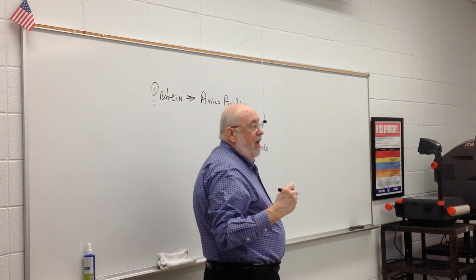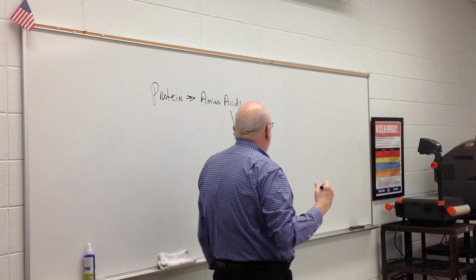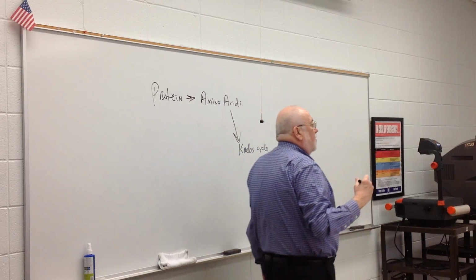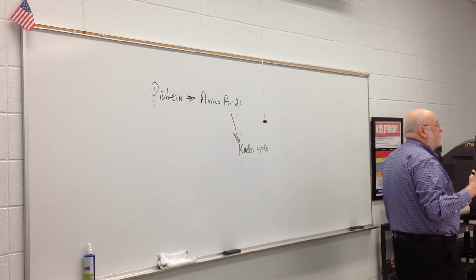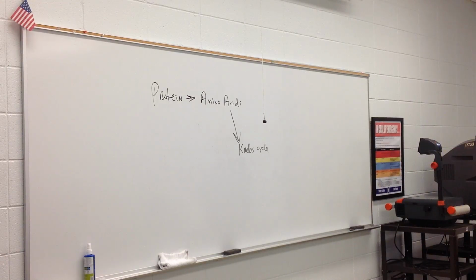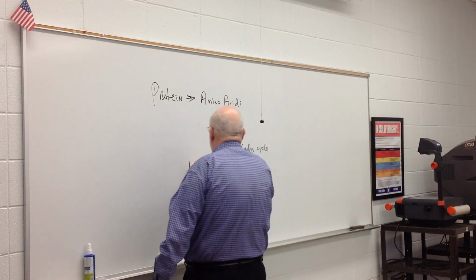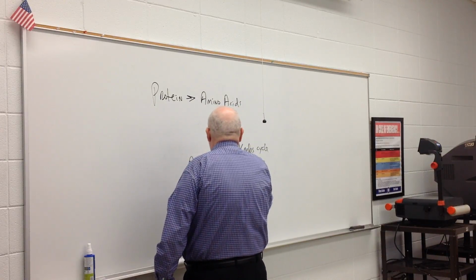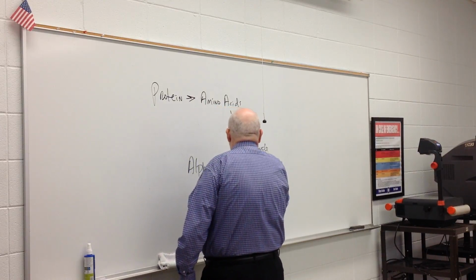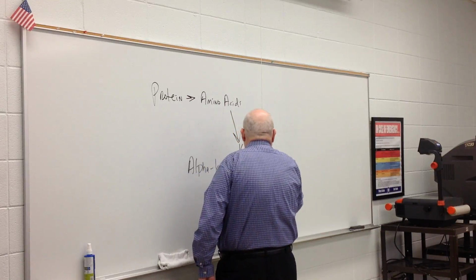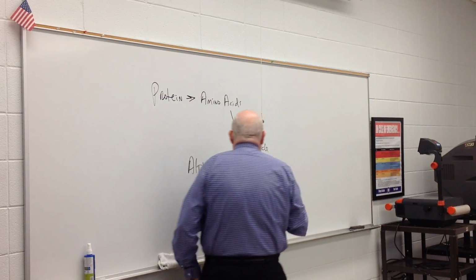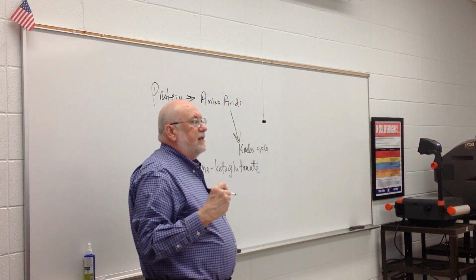Remember now, as we said, that there are some of the Krebs cycle intermediates like alpha-ketoglutarate. Alpha-ketoglutarate is one of those intermediates in the Krebs cycle.